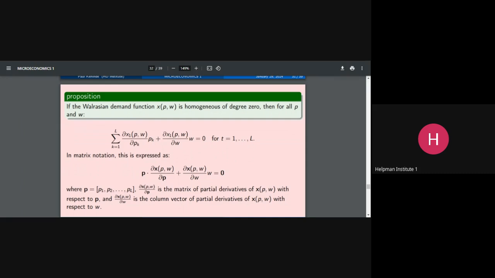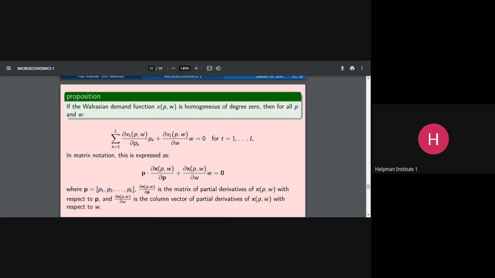So the partial derivative of the goods with respect to the price, and also the partial derivative of a particular good with respect to its weight, when you sum them together, it's always zero. This is more like elasticity, representing elasticity of price and elasticity of weight. So the elasticity of price and weight will definitely give us zero. That is what this proposition is saying.